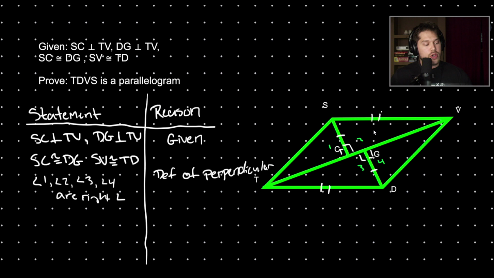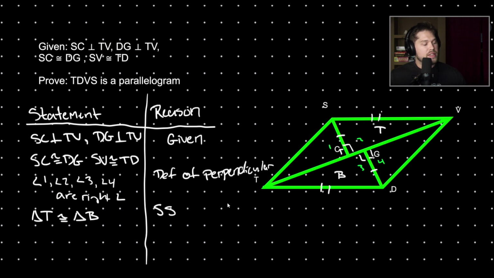So I'm going to call this top triangle T for top and this bottom triangle B for bottom. And I want you to notice that using the side-side angle postulate, we can say that triangle T is congruent to triangle B. So we'll say triangle T is congruent to triangle B by the, again, side.